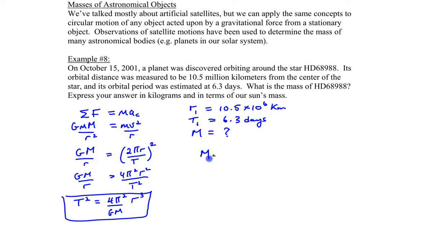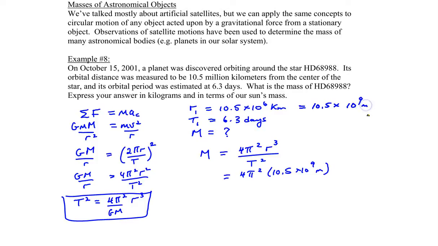So we know r and we know T, and we're solving for M. If we rearrange this equation, we get M equals 4 pi squared r cubed over T squared. Now we're going to substitute in. We have 4 pi squared times 10.5 times 10 to the power of 9 meters, because this is really kilometers and we need to change this to meters, cubed, all over the period, which needs to be written in seconds.